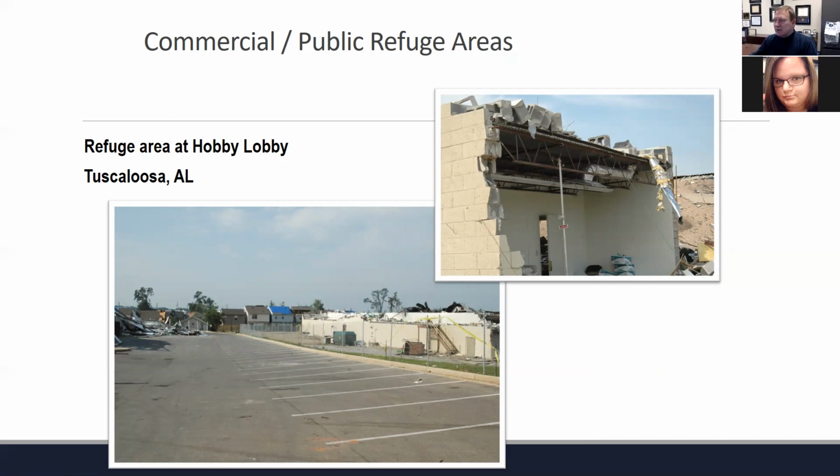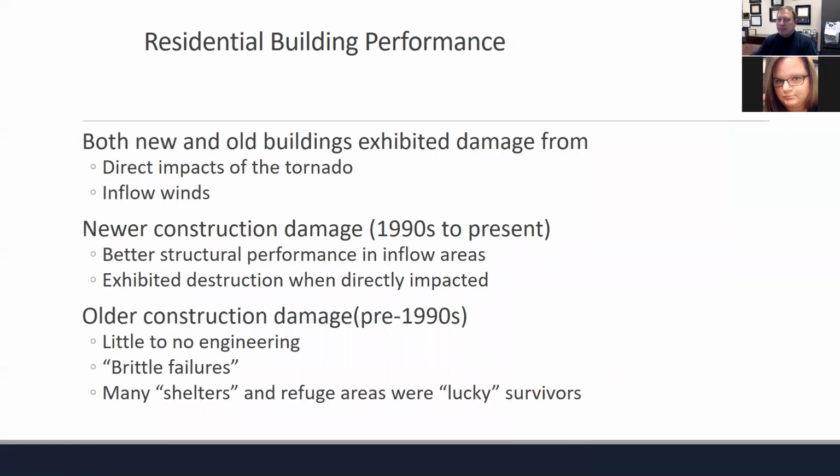The main thing that we saw out of this was this steel reinforcement with a probably aluminum clad roof tied into the cinder block wall, and did create a reasonably safe void here for the people who were working at the Hobby Lobby at the time.